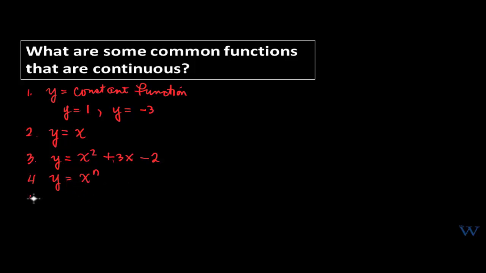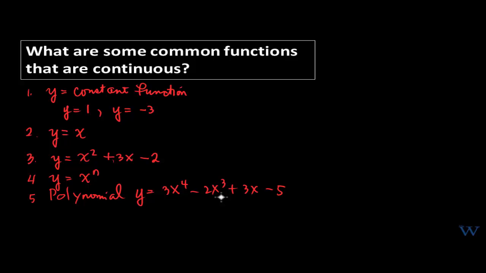That means any polynomial, say y equal to 3x to the 4th minus 2x cubed plus 3x minus 5. That's a combination, because any constant multiple of a power of x and their sum is also continuous.